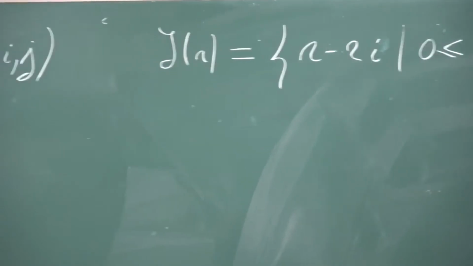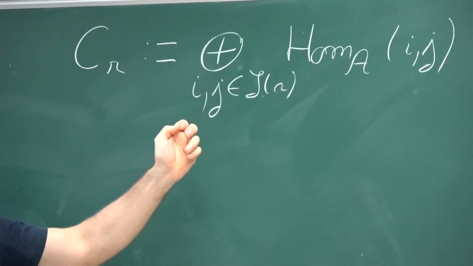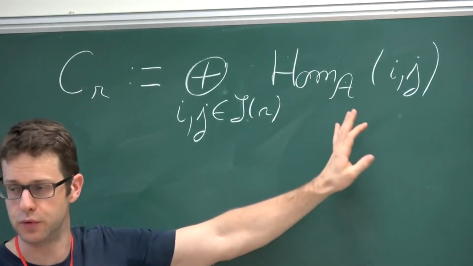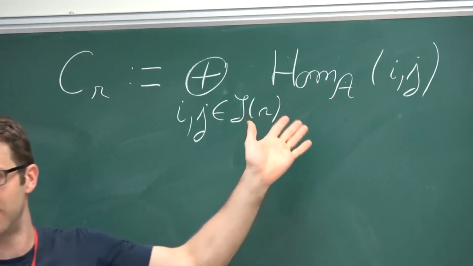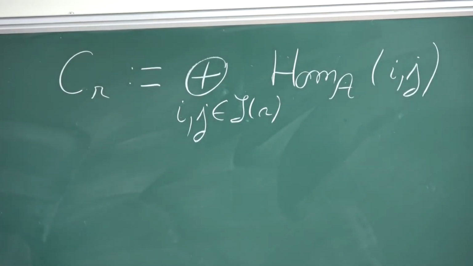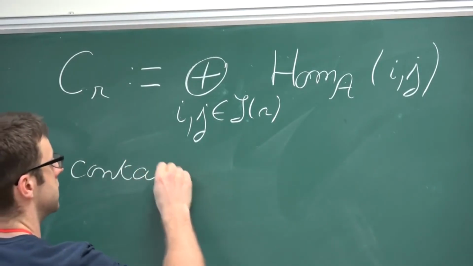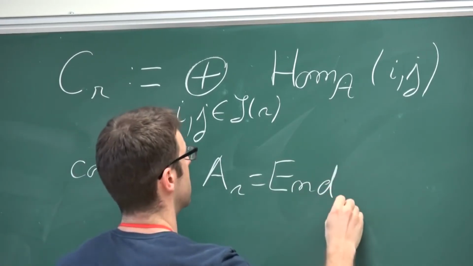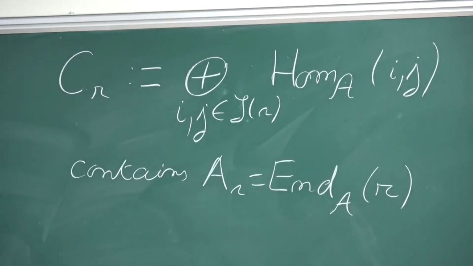And I can equip this with an algebra structure by using the category structure. The composition of two morphisms is 0 if the objects don't match, and if the objects match, it's just a composition of morphisms in the category. In particular, it contains AR as a subalgebra, which is just this subalgebra.